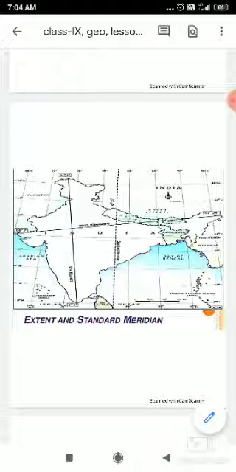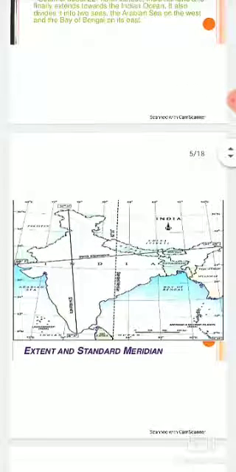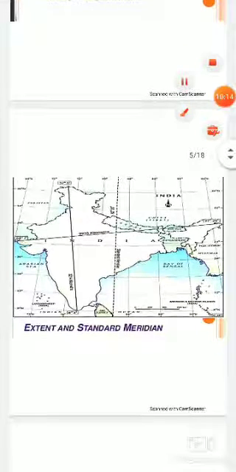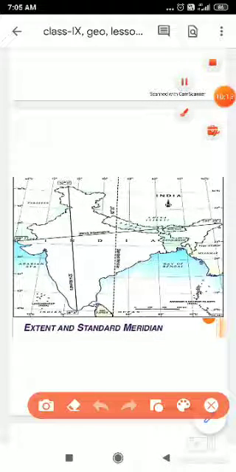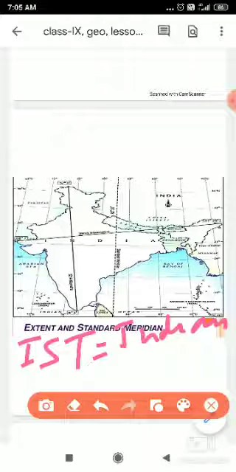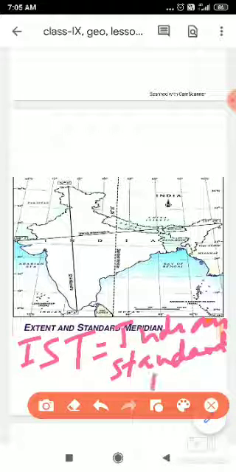Now one more thing, you can see here one line, that is the standard IST. IST stands for Indian Standard Time.